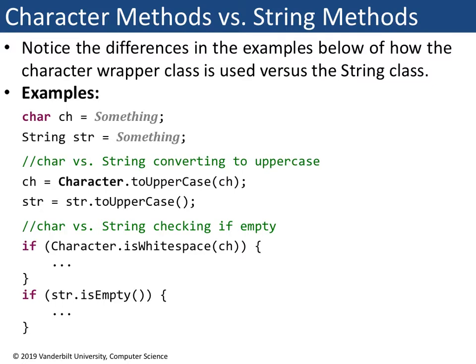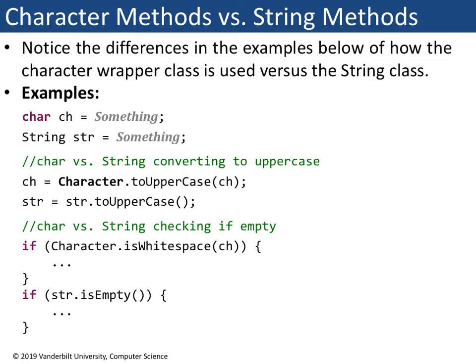To call a character wrapper class method on ch, we say Character.toUpperCase, so Character is the class name, and then toUpperCase is the method in the Character class we wish to use, and then we have to provide the argument. So the argument in this case is going to be ch. It's the character which we wish to convert to uppercase. And then we are storing this into our variable ch. So this method will return a char value which we store in ch.